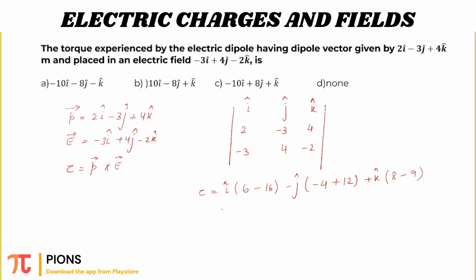So that will be minus 10 i cap, minus 8 j cap, and minus k cap. That will be our torque. And what's the unit? Newton meter. Option A.